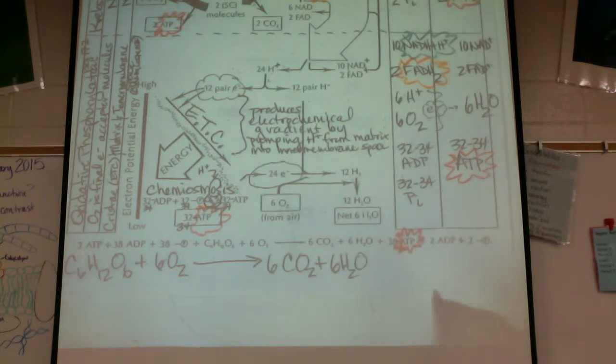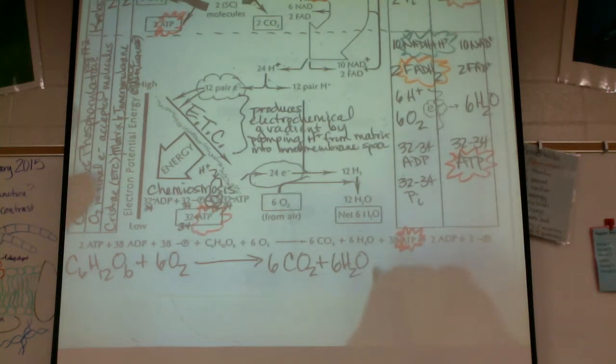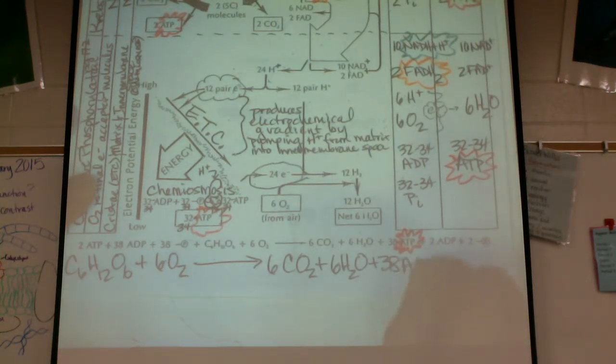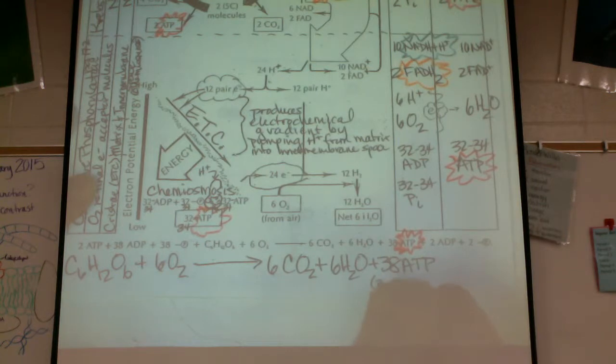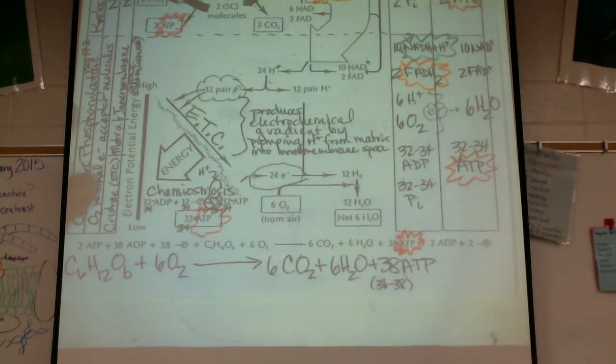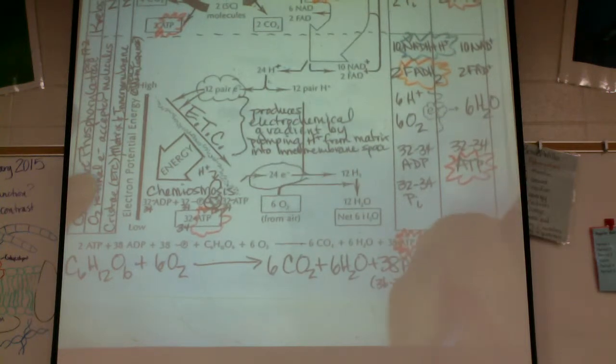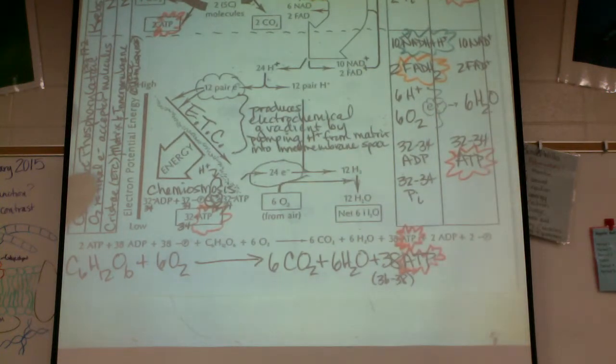All I got to do is breathe out to feel that. And then we're going to get approximately 38 ATPs. Usually about 36 to 38, depending on the efficiency of the process. Life is not always perfect, so we're not always going to get 38.